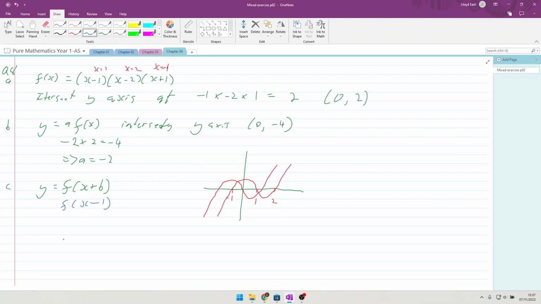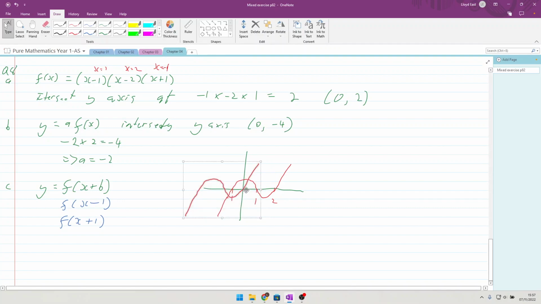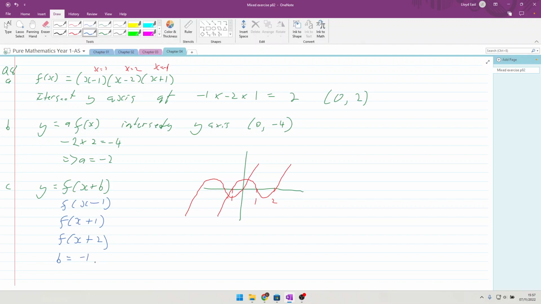So that's f of x plus 1. And then also we could move another 1 along and have it there going through the origin, and it has moved 2 at that point to the left, so we can have f of x plus 2. So 3 possible values of b are minus 1, 1 and 2. Okay.